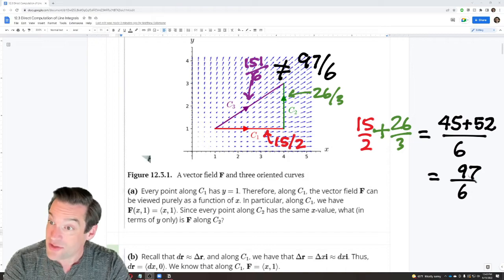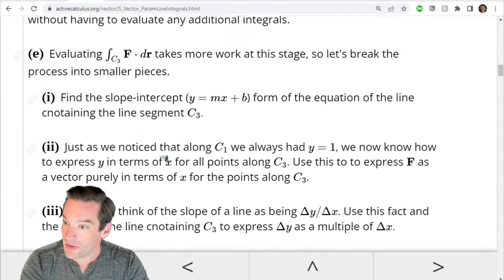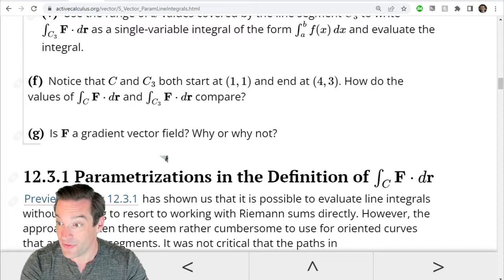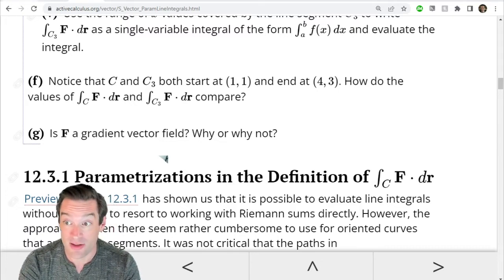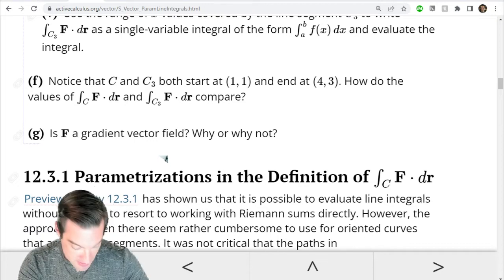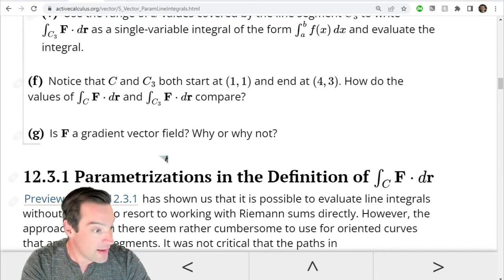So tantalizingly, the last question that's asked of us in this portion of the activity is, can we say anything about the vector field itself? Is F a gradient vector field? And why or why not? So this is a nice callback to yesterday, because this was what we were doing at the end of yesterday's class, thinking about how we can tell when a given vector field is or is not a gradient vector field.